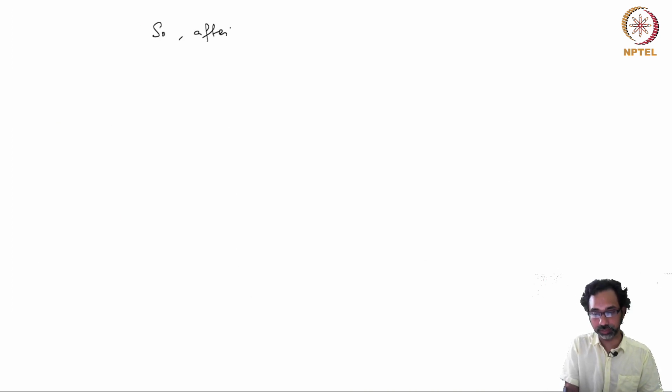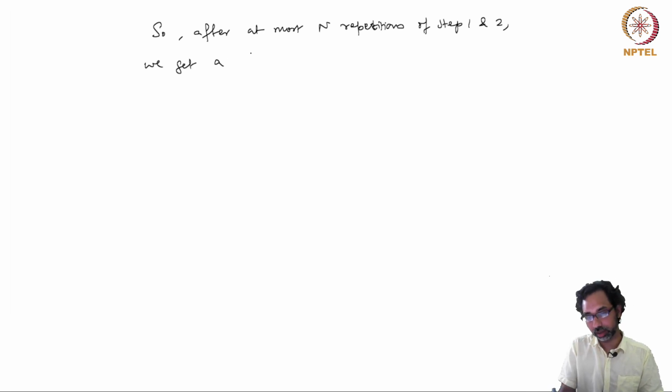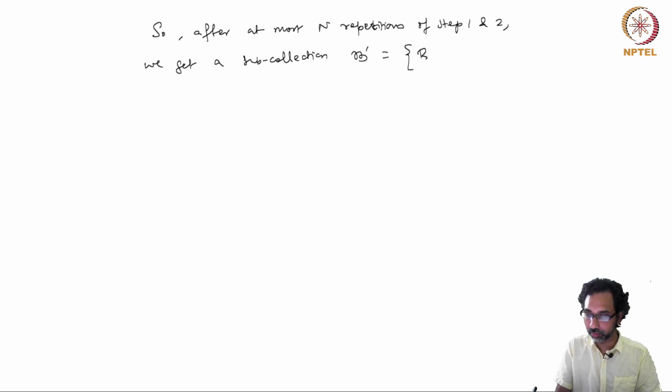So after at most n steps, after at most n repetitions of steps 1 and 2, we get a subcollection B prime given by BI1, BI2 up to BIN, such that first is that this is a disjoint collection.